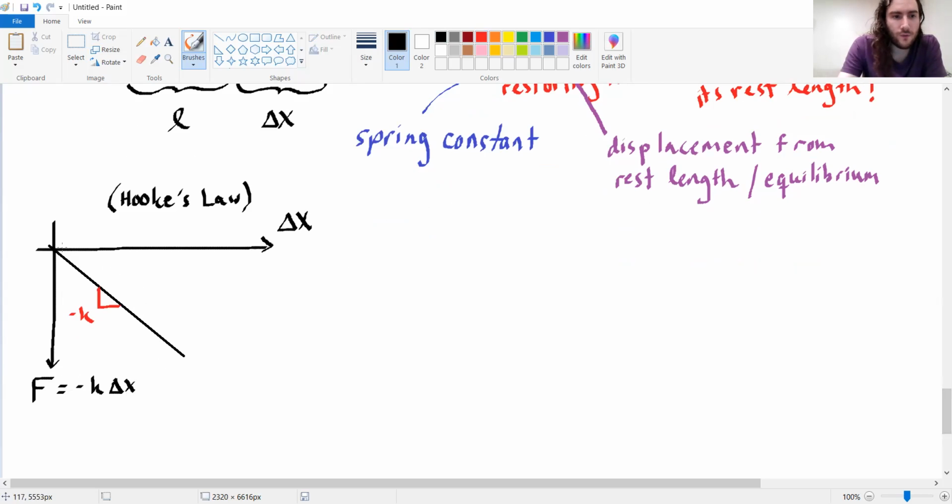And of course, if we were to displace the spring from, let's say, 0, and actually I'll change colors again here. If we were to displace the spring from its rest length out a distance delta x, what would be the area of this triangle here?